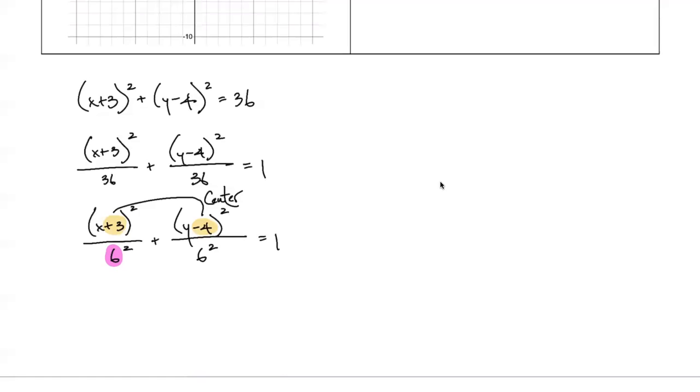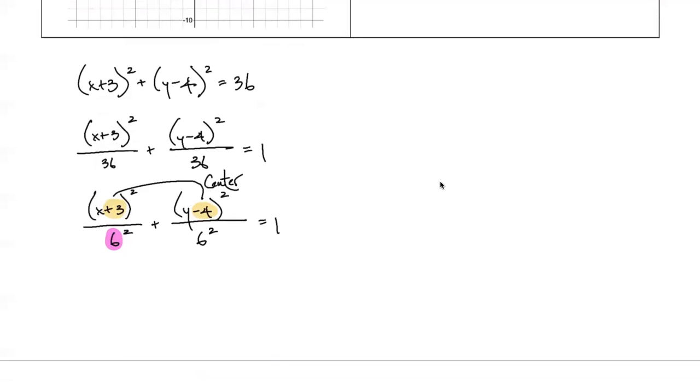It's associated with the x. So guess what this 6 tells us? The 6 tells us how far we go side to side from the center. So the 6 is associated with the x, and x means side to side. So the 6 underneath the x tells us how far we go side to side from our center.